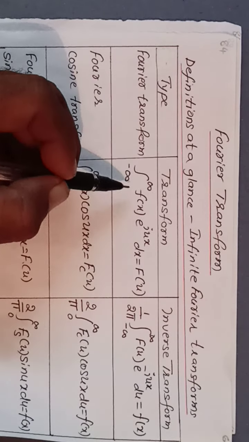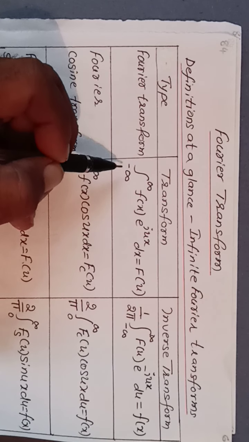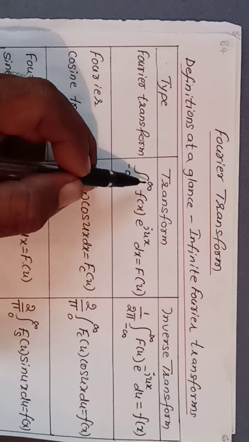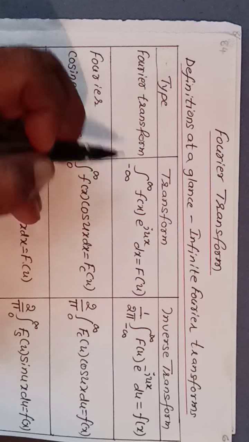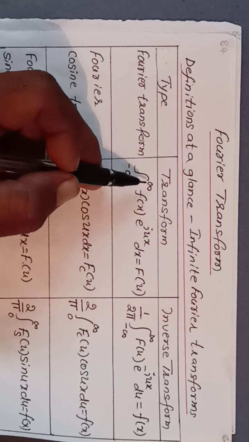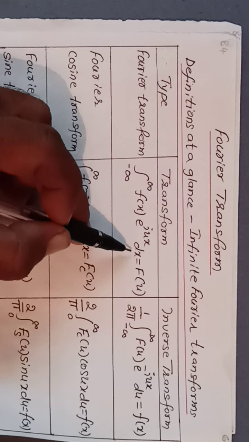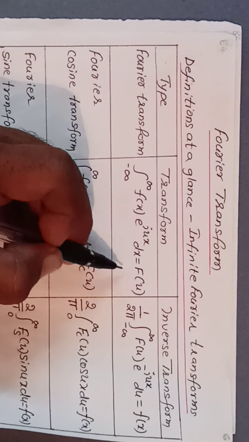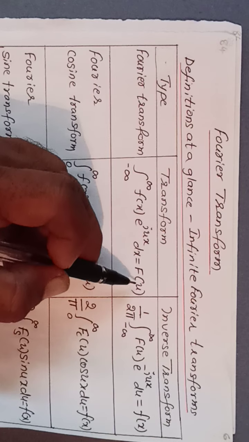So we have a formula to find the transform. It is the Fourier transform: f of u is equal to the integral from minus infinity to infinity of f of x e raised to iux dx, or f of x is equal to f of u.